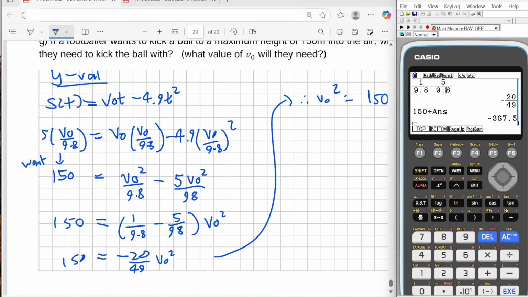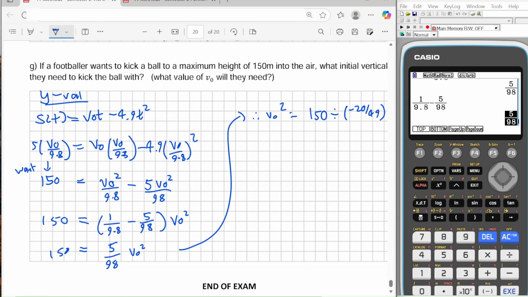my mistake. I was going to say a negative number is not what I wanted. One over 9.8 take 5 over 98 should have been 5 over 98 there. My apologies. And so this should be 5 over 98 here.